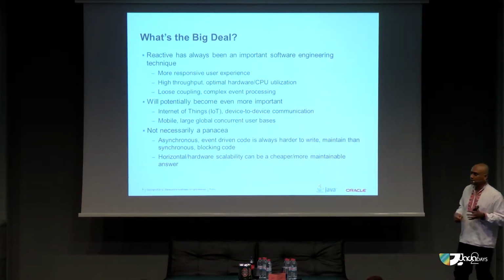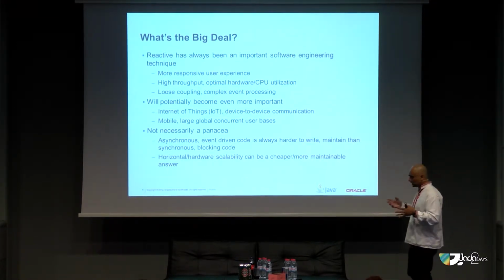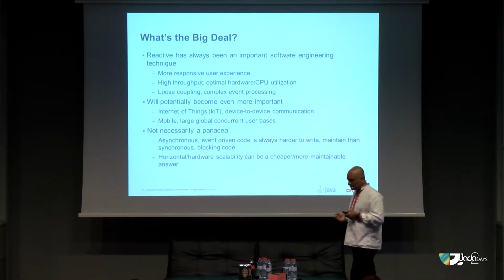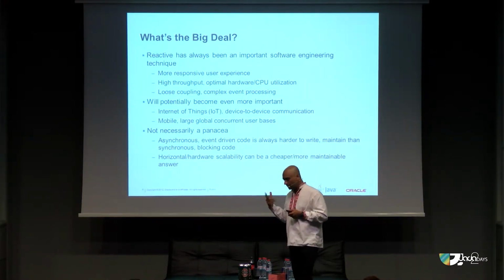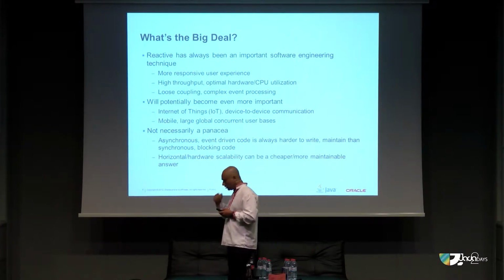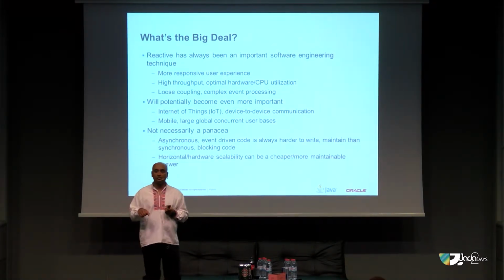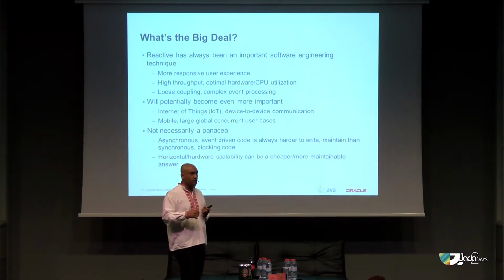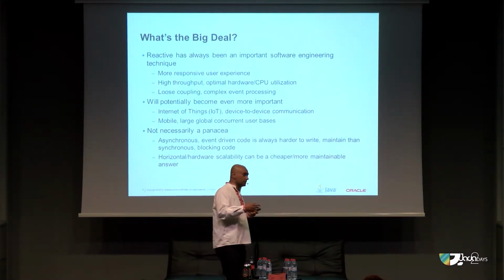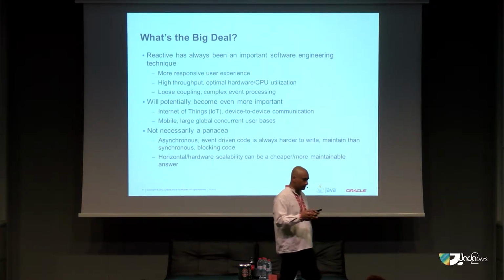Also, if you look at some analysts like Gartner and the like, what they will tell you is that we're entering a new era of globalization. What this means is that our systems today are by and large localized. Our markets are local, perhaps at a national level or at a regional level or what have you.